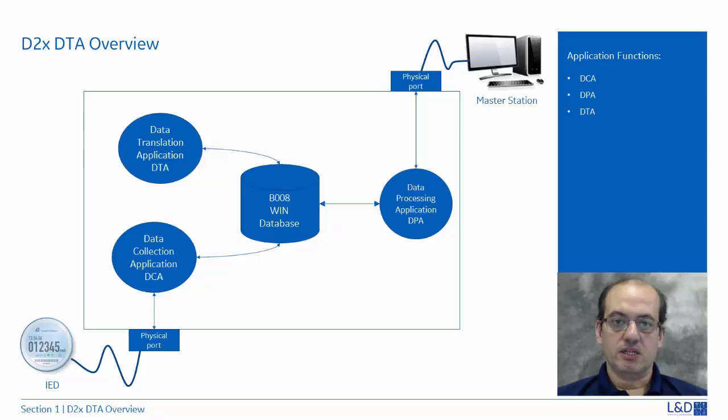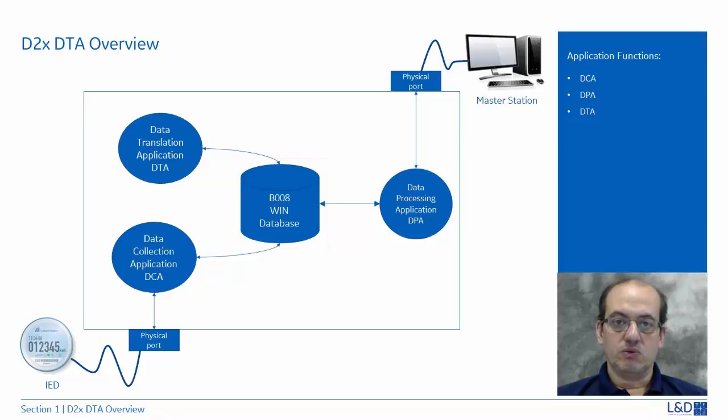That data collection application would take that information that is received from the physical port, decipher it, figure out the important information that needs to be stored in the WIN database, places that information in the WIN database. Now what we have inside our WIN database is physical data that we received from the field.